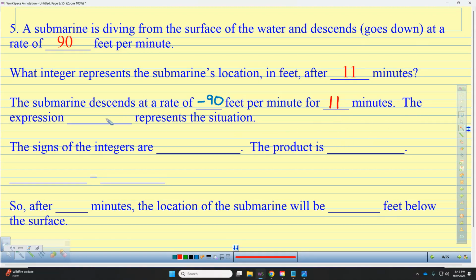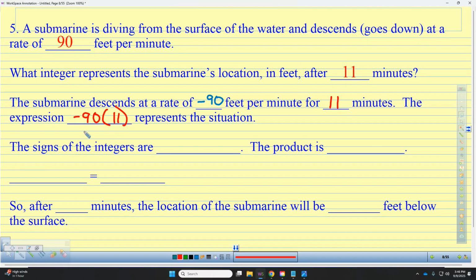So what expression could we use? Are we going to add, subtract, multiply, or divide to get our answer? Think about that for a moment. Since we're repeatedly going the same amount, 90 feet down every minute, that's basically repeated addition, so that means multiplication. So we've got negative 90 times 11.